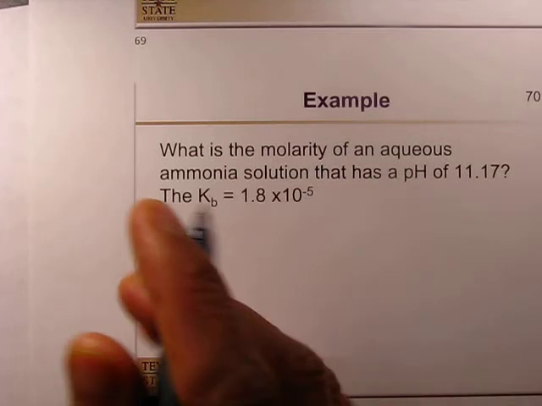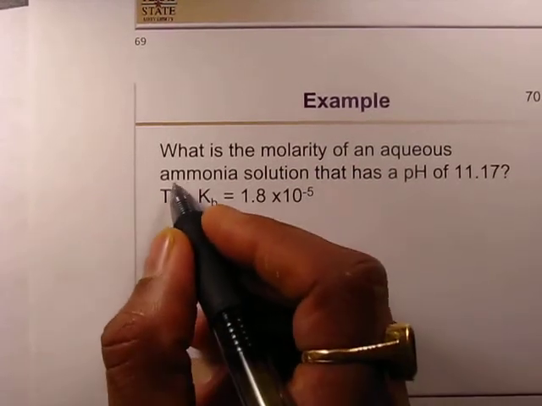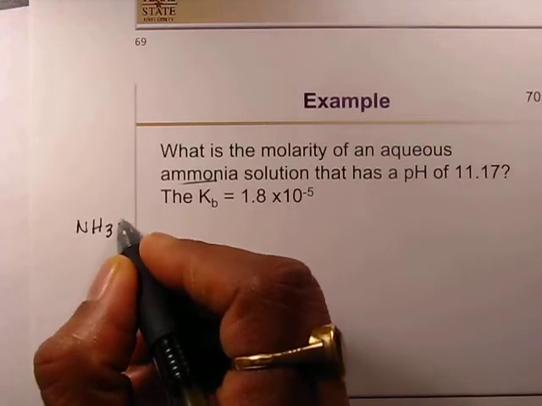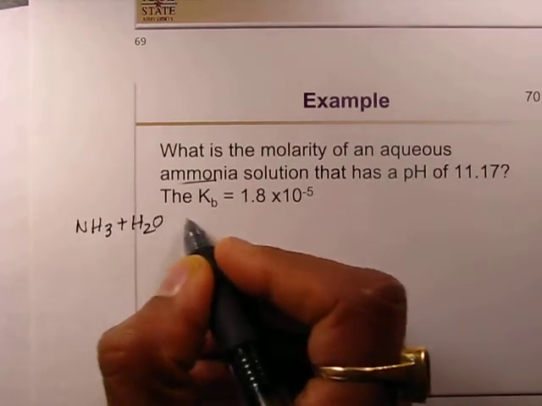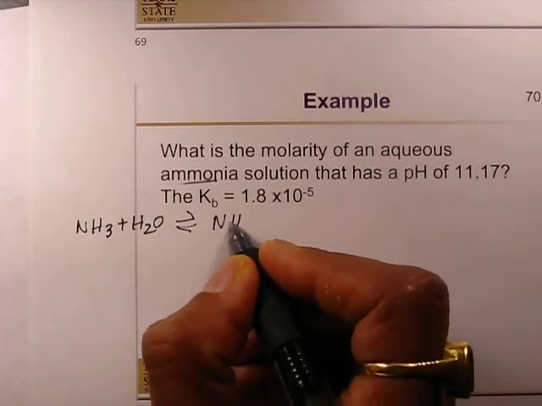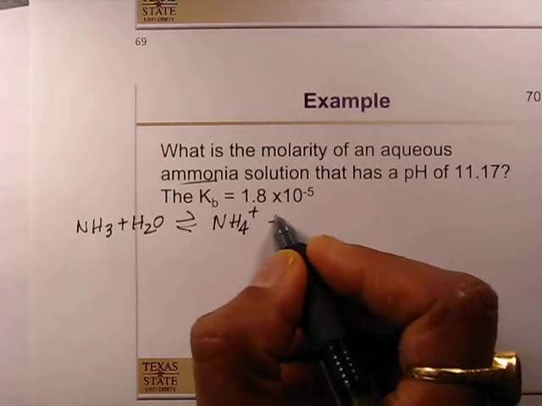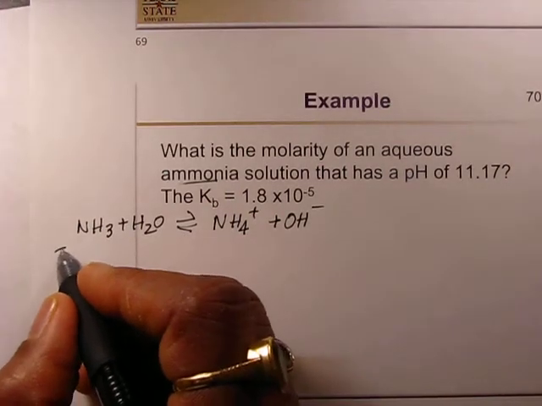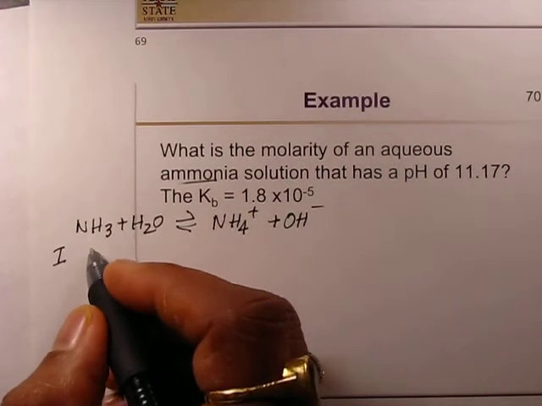So let's start to solve this question. We are talking about ammonia, so we write NH3 plus water gives ammonium ion plus OH minus. Right, we will write an ice chart.